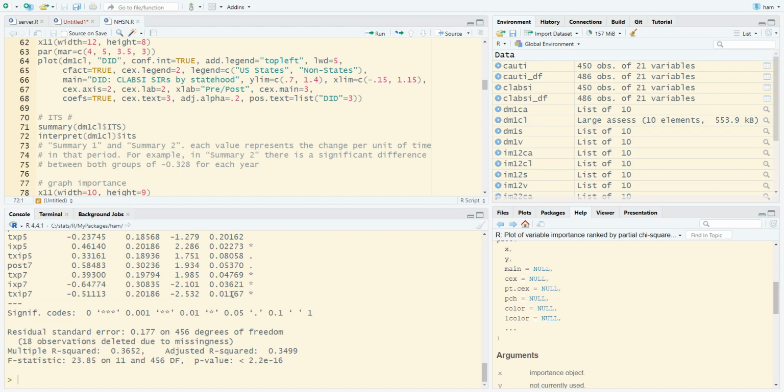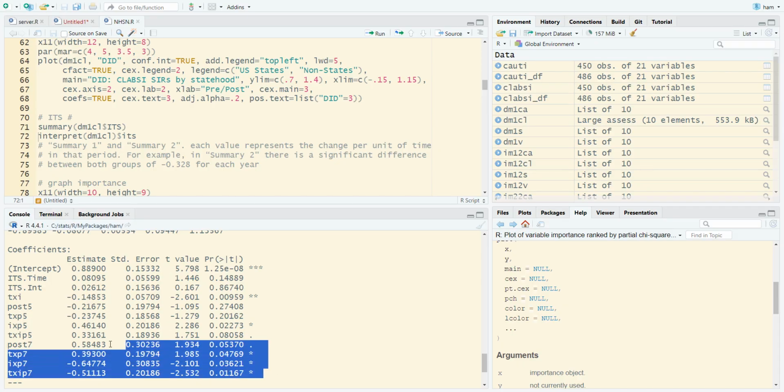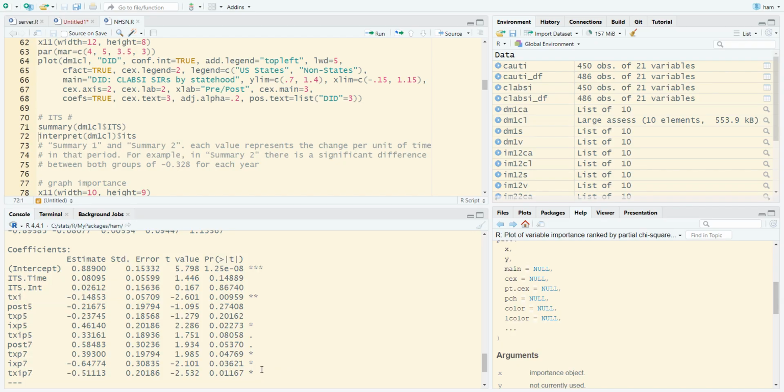So we're just going to run the summary command for our model results, and you can see that there's a lot more output with this summary. The two that we're usually focused on most would be variables or coefficients that indicate changes in the trends and intercepts.